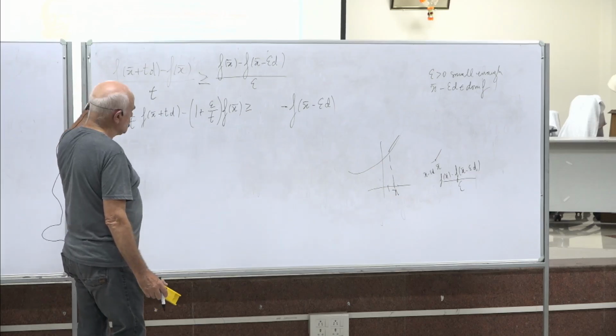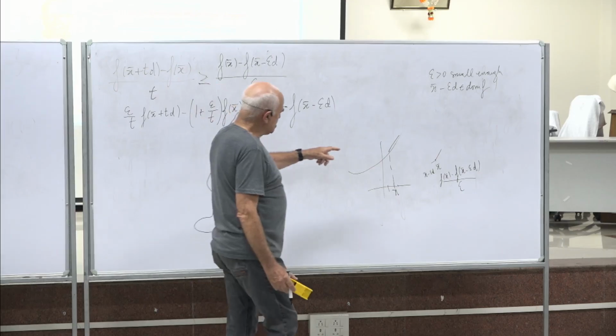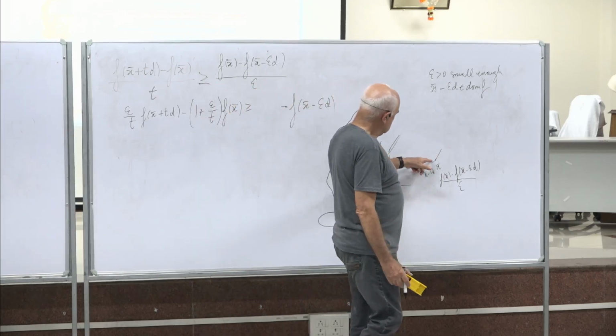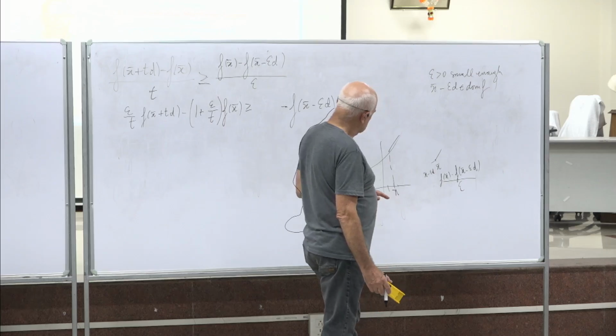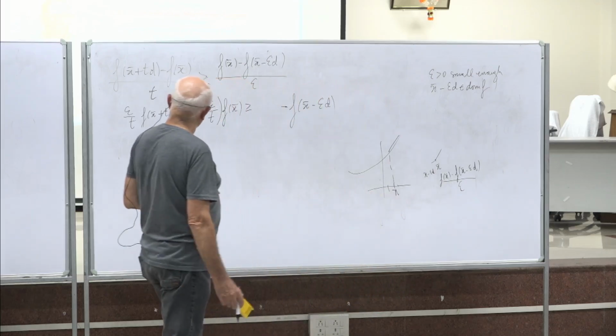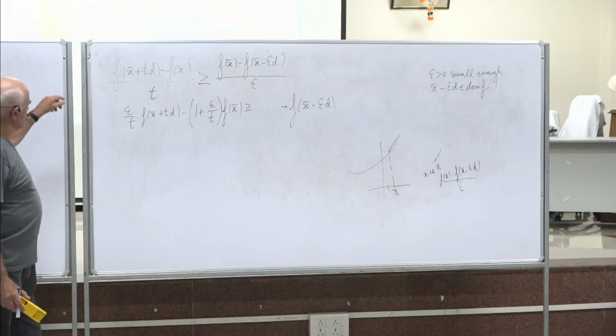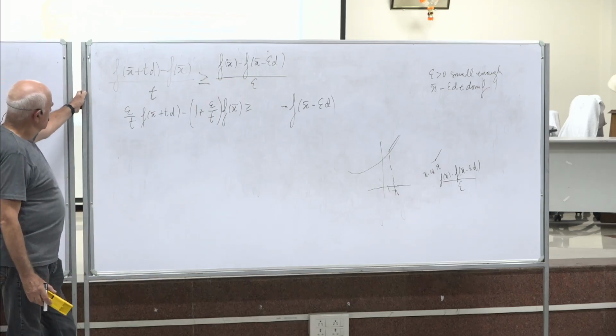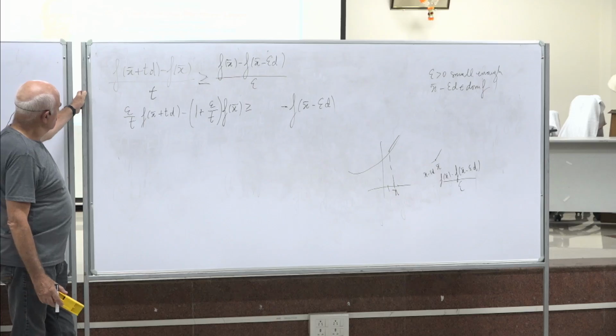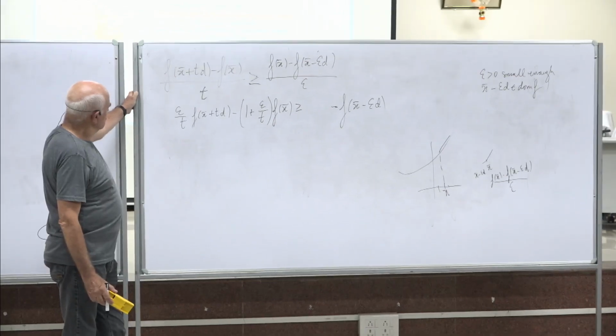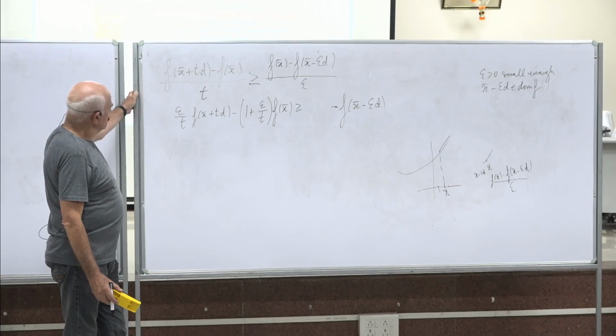This should be true because this exploits this idea. And x bar is between x bar plus td and x bar minus epsilon d.